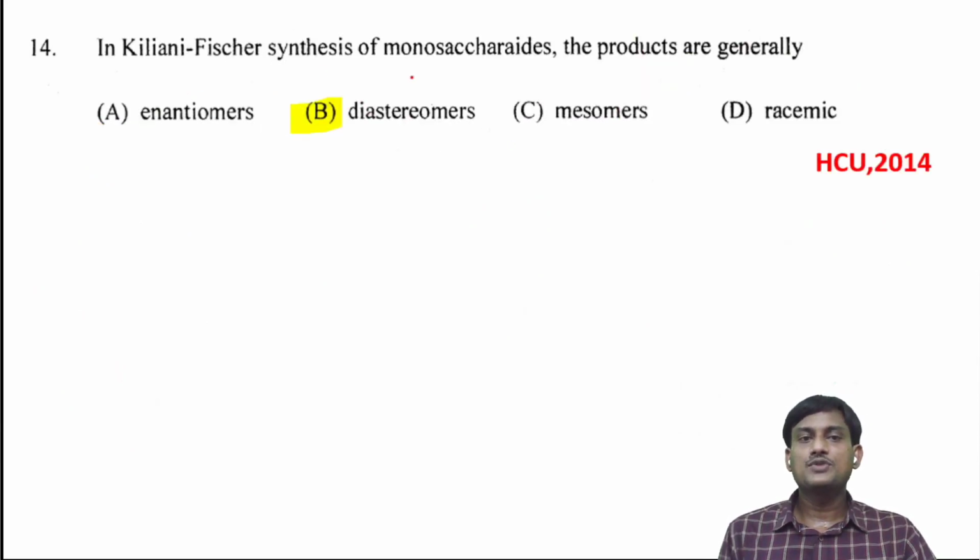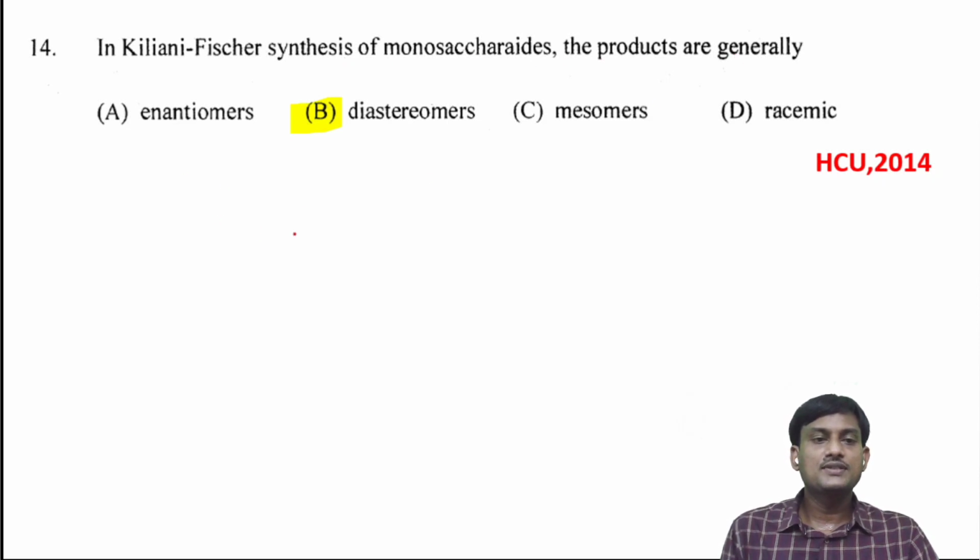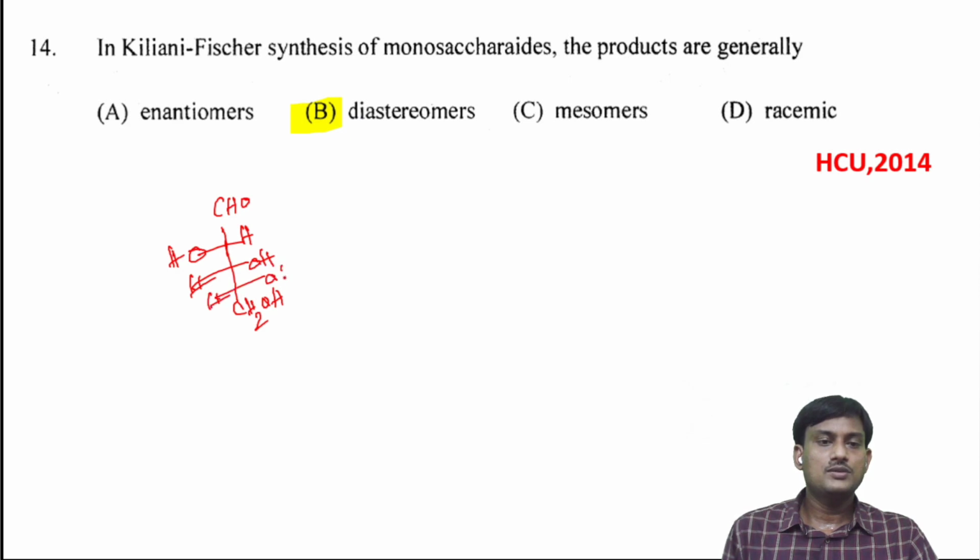In Kiliani-Fischer synthesis of monosaccharides, what are the products generally? Let's take D-arabinose, with CHO at the top and CH2OH at the bottom.